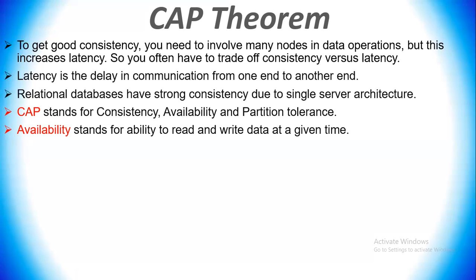If the big cluster is broken into smaller clusters, and still you have some availability, if the users within that small cluster can access the required data, then that means it has availability.